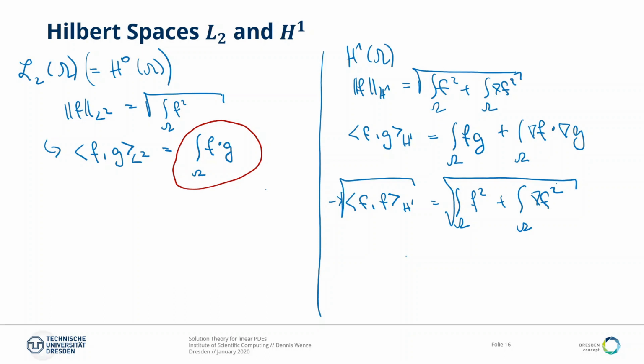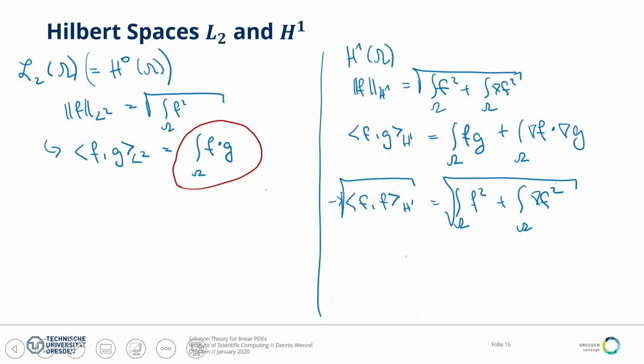Okay, so the next step now, after having defined those scalar products on L2 and H1 and having seen that the norm is actually induced from this scalar product, we want to find out more about the connection between norms and scalar products.